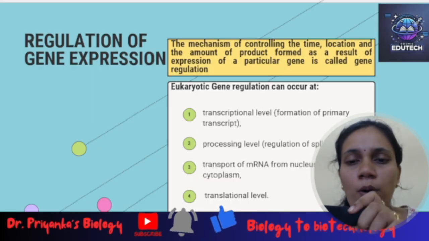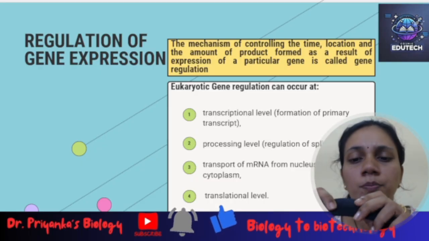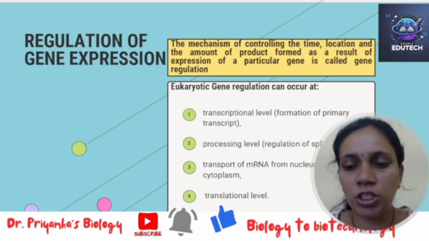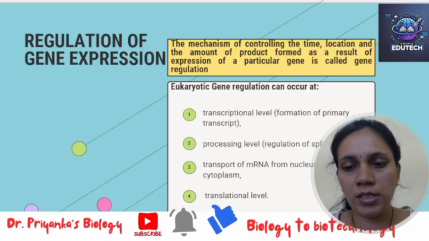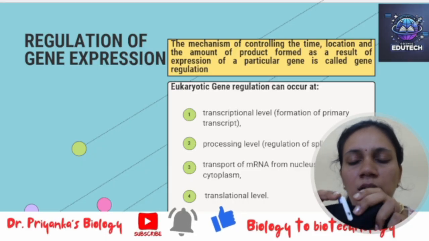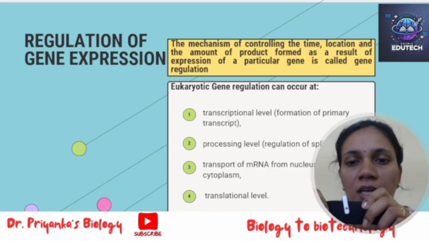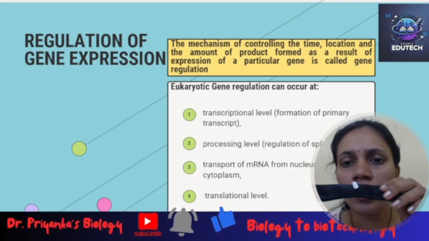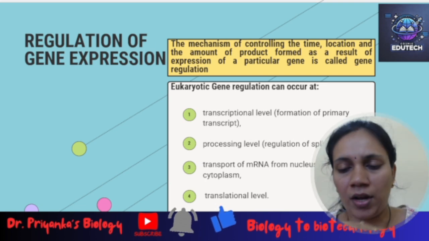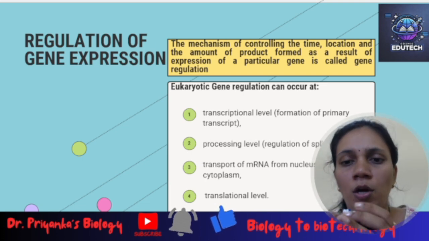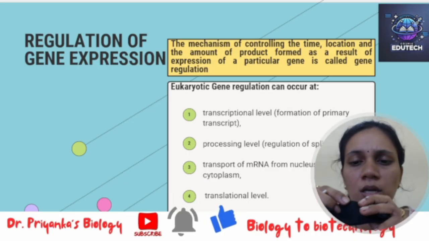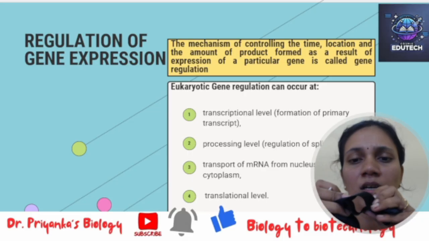Suppose we require only this particular point here, only a small location. Let's say we need only this much part of the DNA to be expressed. So we are not going to work on the entire length of the DNA. Rather, we will open up only this part of the DNA. This will be unwound so that the entire process occurs.